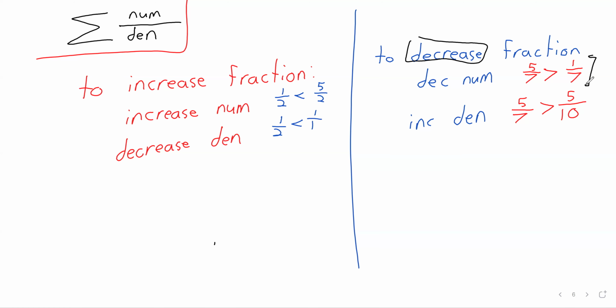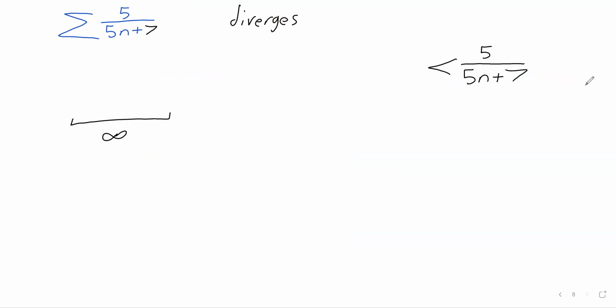What about increasing the denominator? Well, when we talk about increasing the denominator, it's easy to do. 5n plus 7 is linear. It will be less than a quadratic. It will be less than a cubic. But the hope is that we're increasing this denominator without messing around too much with it.